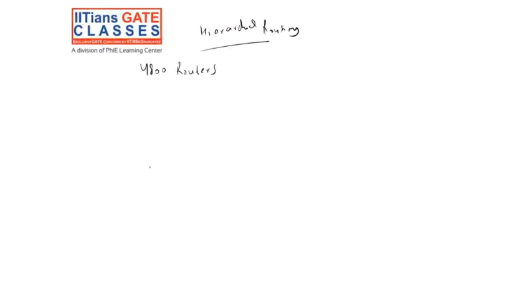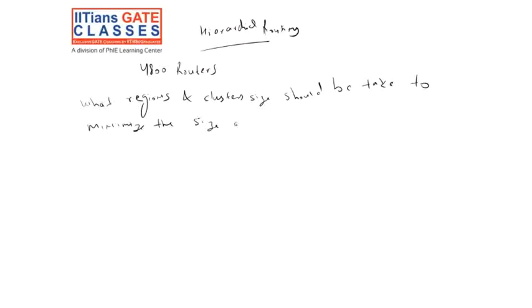Question is what regions and clusters size should be taken to minimize the size of the routing table for 3-level hierarchy. So this is the question.